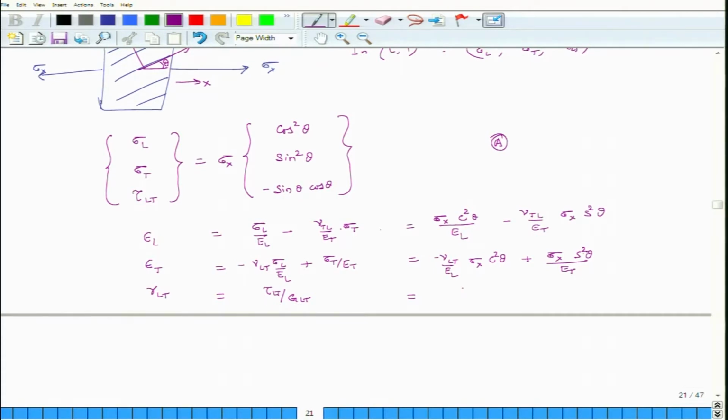So, what is tau LT? Tau LT is, as per this relation, minus sigma x sine theta cos theta. So, it is minus sigma x sine theta cosine theta divided by GLT.